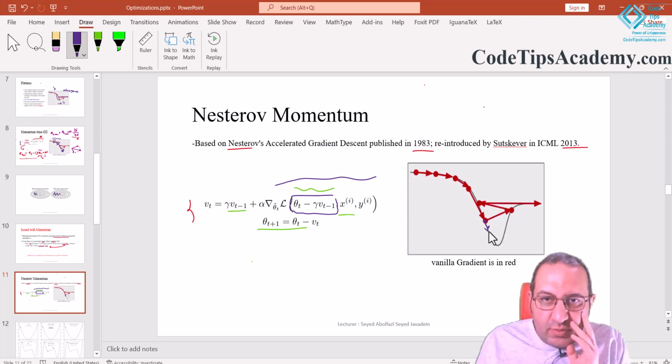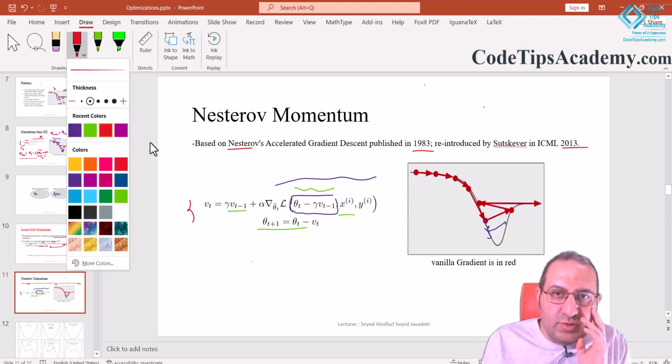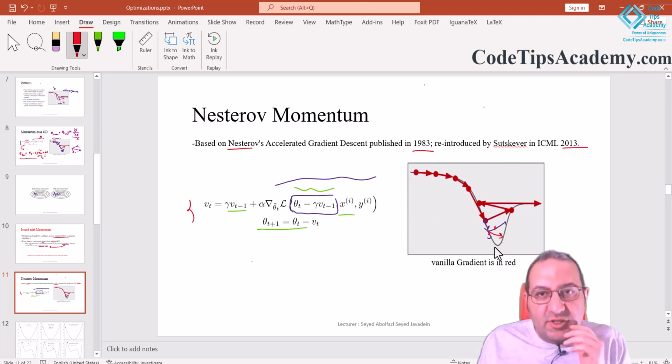After reaching here, use the gradient and the speed function, and use the sum of these two vectors to get the next point.